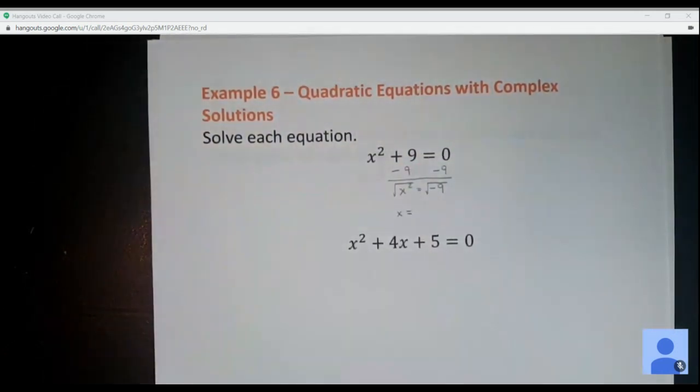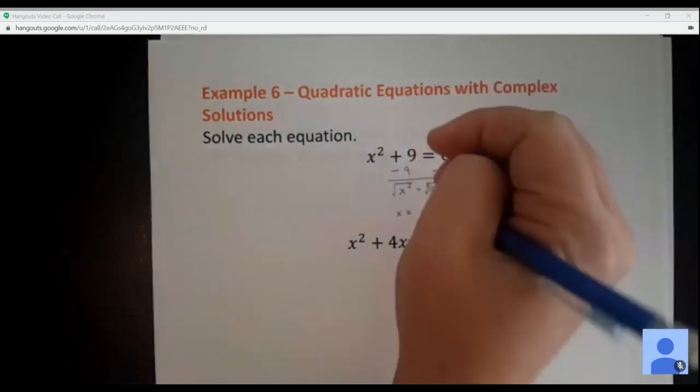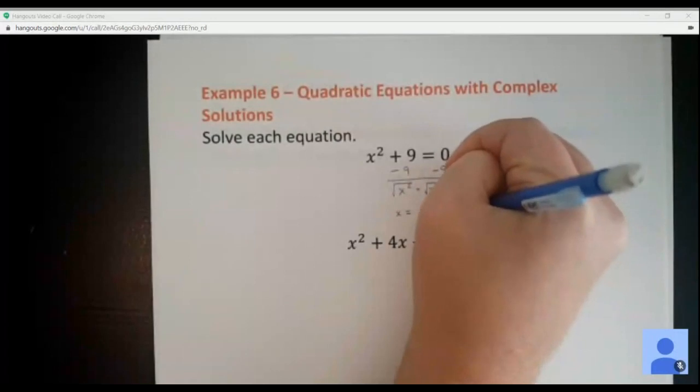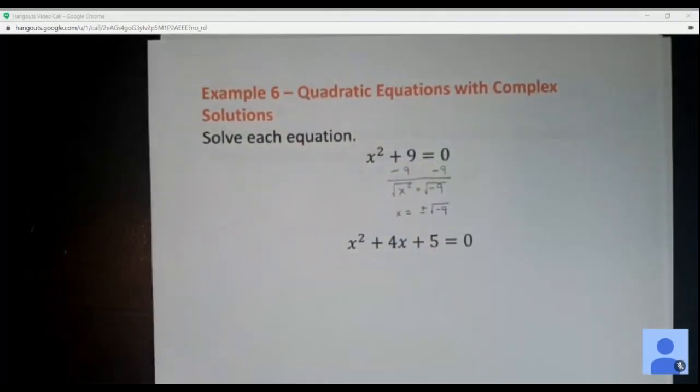That's going to give me my x here. And what do we have to remember when we take the square root? Plus or minus, good. So this is going to be plus or minus the square root of negative 9 now. Okay. Now, at that point, we need to make sure we simplify.